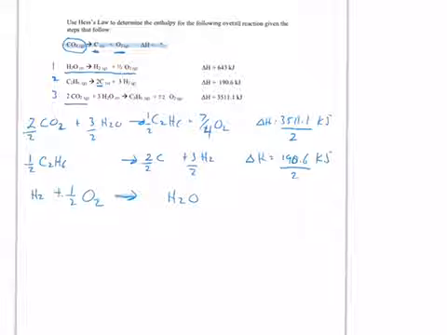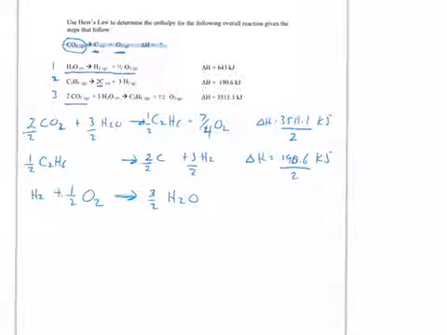You can see there's water in this equation, and in the top one there's water. And there's no water in the overall equation. So I need to multiply these equations by something in such a way that those water molecules cancel. If I multiply this bottom equation by 3/2, those water molecules will cancel.